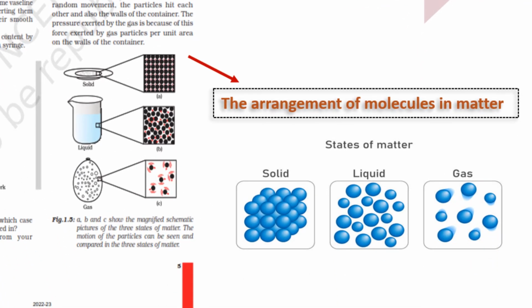And lastly, the solid molecules you can see are very closely packed. That is, the particles are very closely packed. In case of liquids, there is distance between them, and that distance is called intermolecular space. In case of gases, as you can observe, the distance is too much. And these are the reasons why the states of matter behave differently.